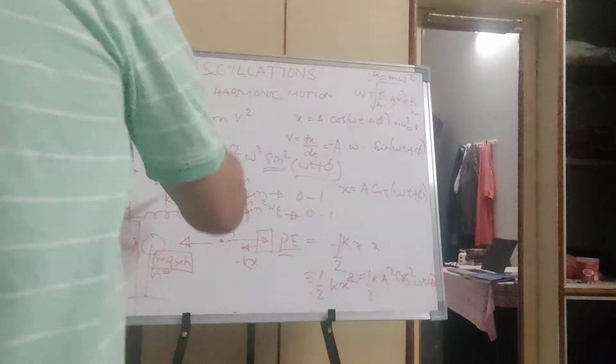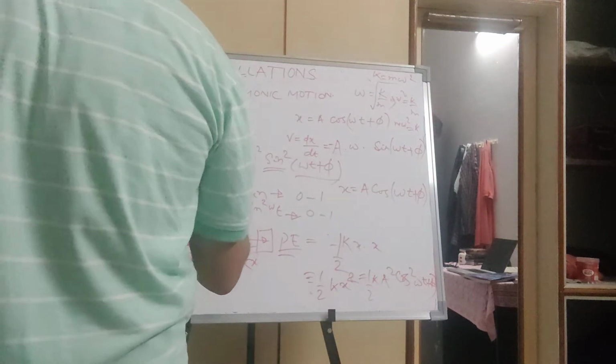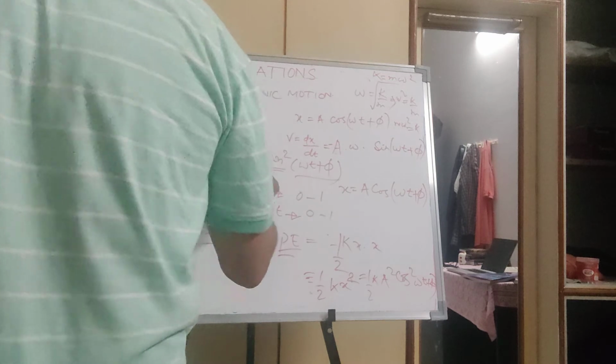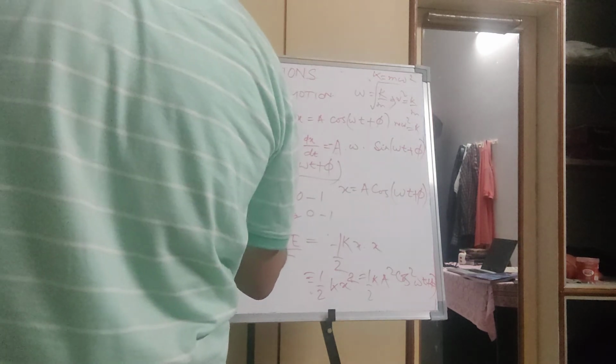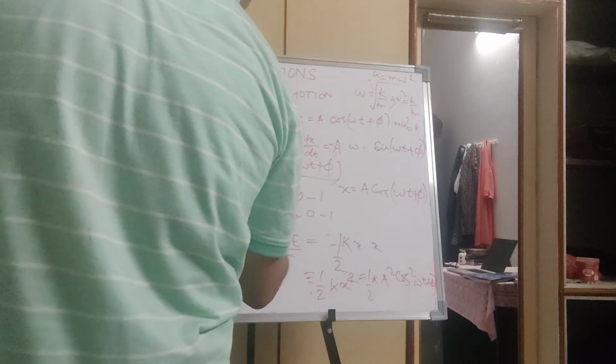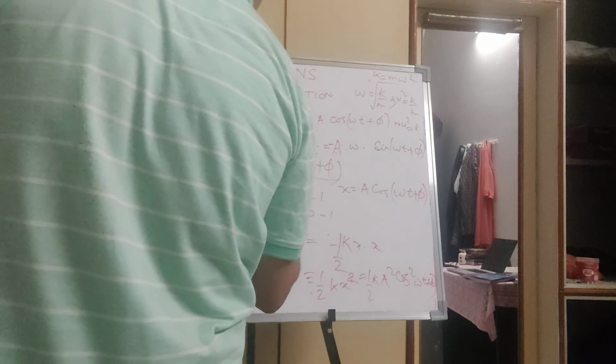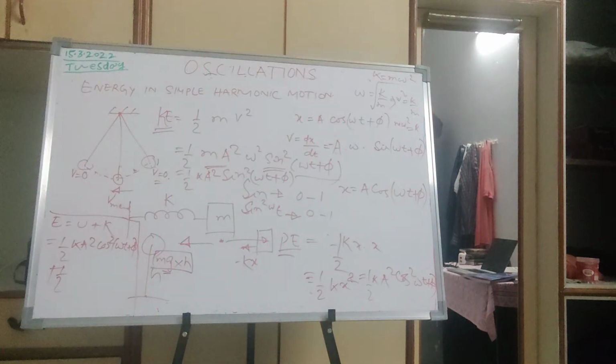So instead of m omega square, you write it as k a square, then sine square of omega t plus phi. So you have written both in terms of this thing.